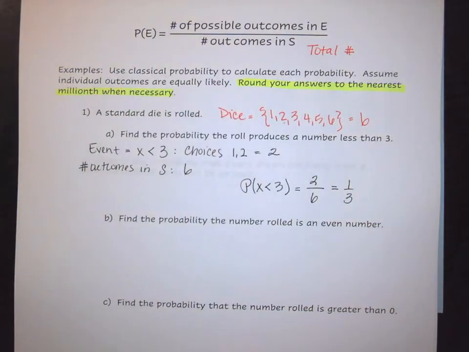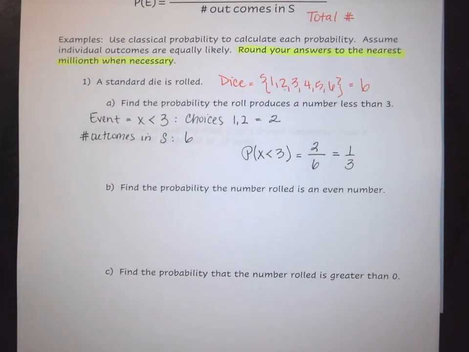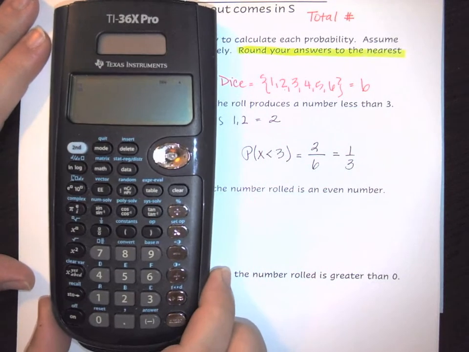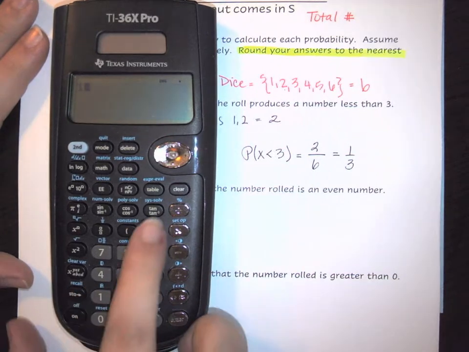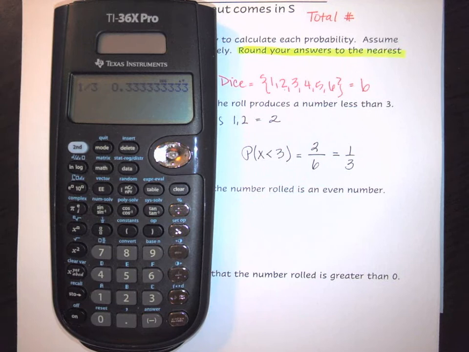Now the part that says when necessary, what that's talking about is what happens in your calculator when you do your division. So if we take just a standard scientific calculator, if I do 1 divided by 3 and hit enter, notice I get this big long decimal.